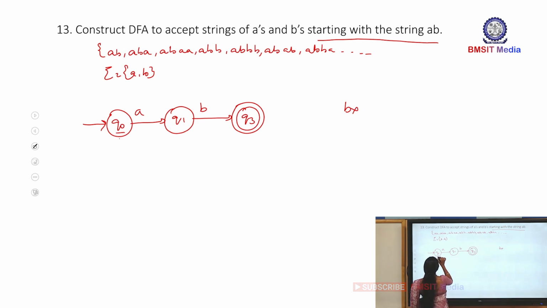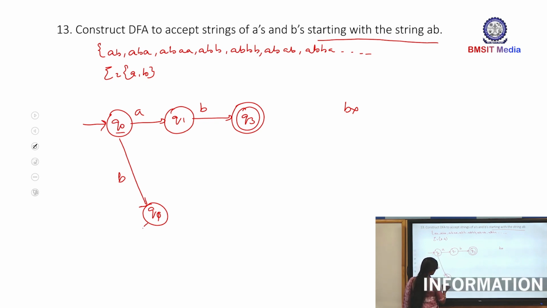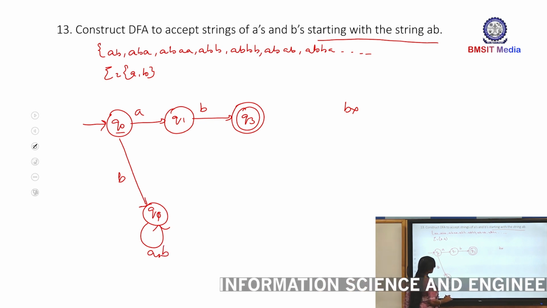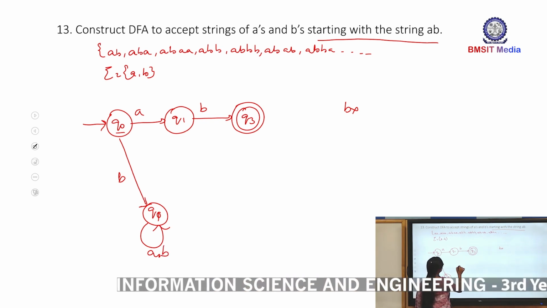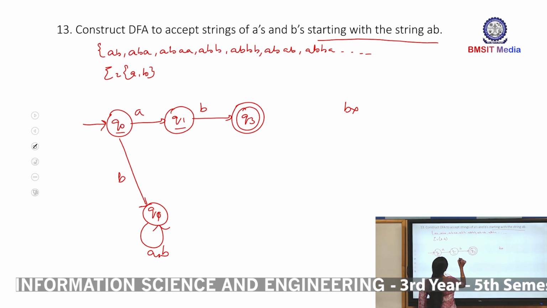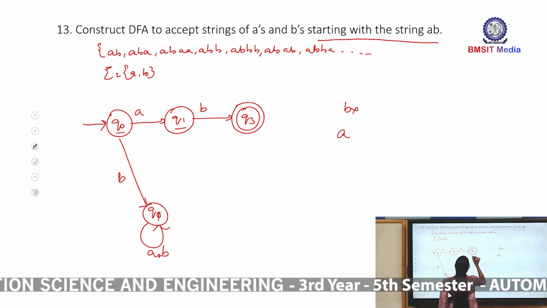So what I can do is introduce one more state and call this a trap state. If the first symbol that we encounter is a B, it enters the trap state. Onwards, any A's and B's that you see will get trapped in this state. Now coming to Q1. When do I reach Q1? After seeing an A, I reach Q1.